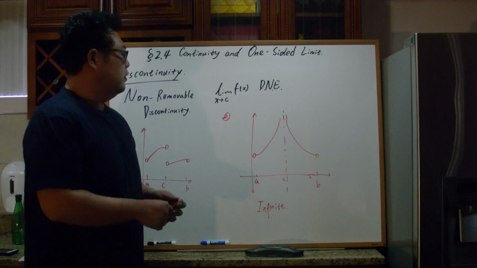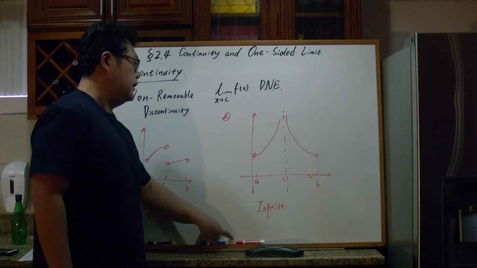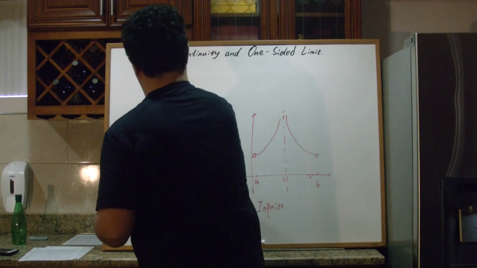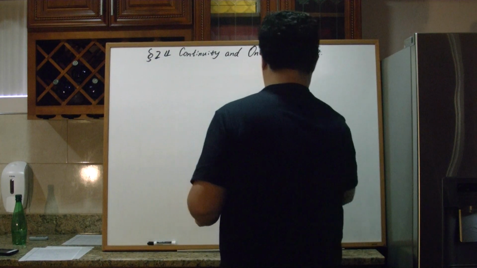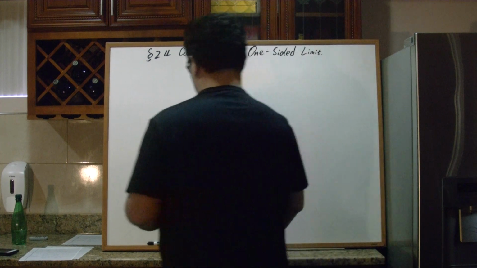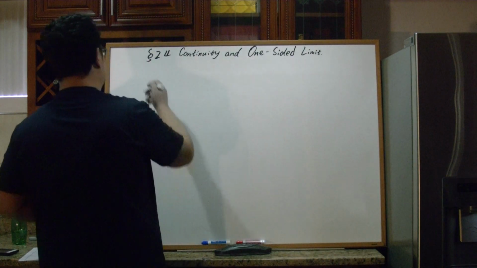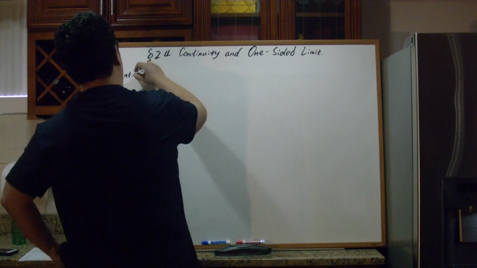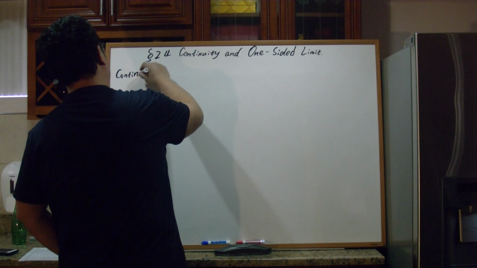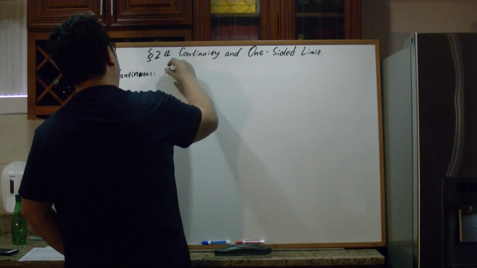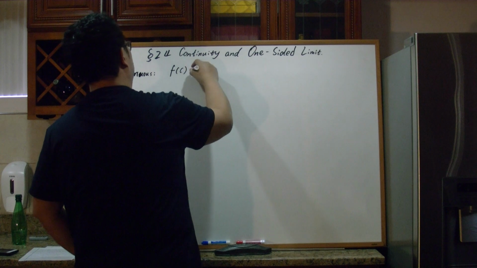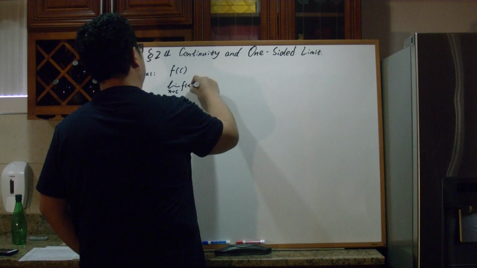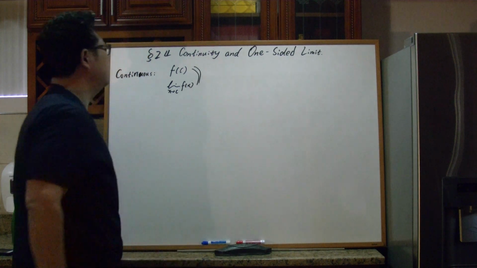So to wrap up, when we check continuity, the function value needs to be defined, the limit needs to exist, and these two should be equal.